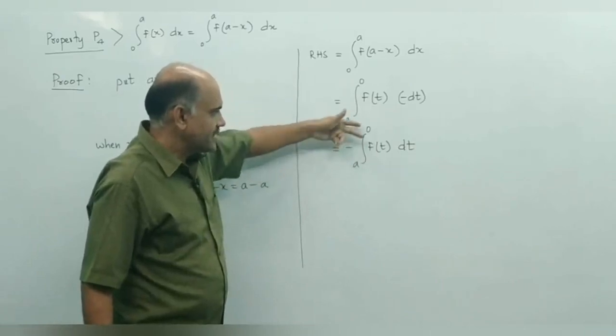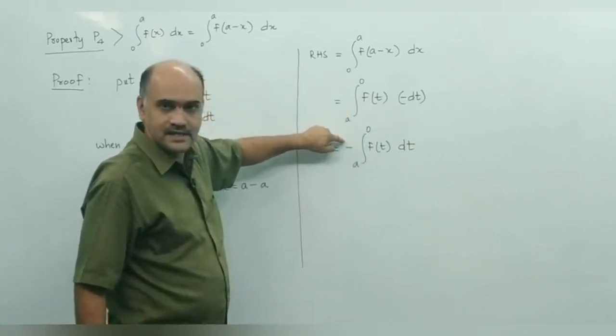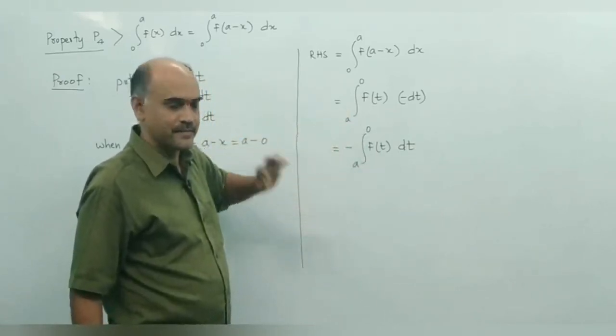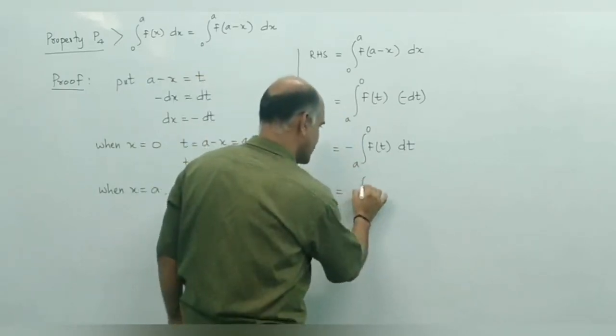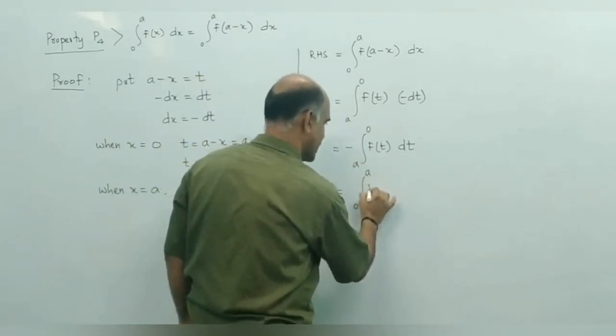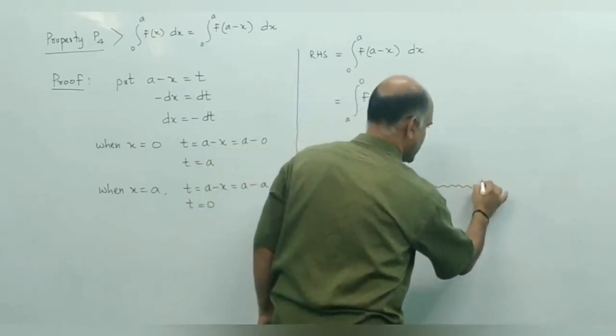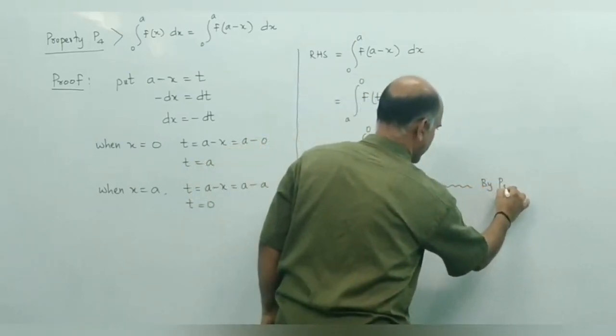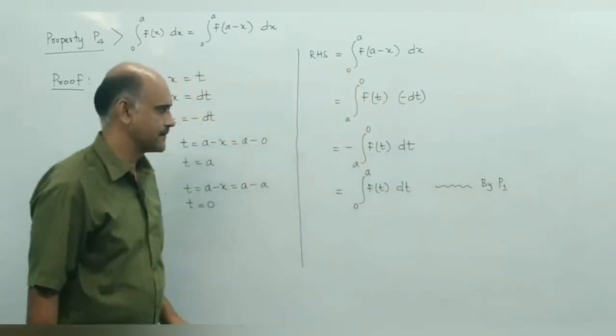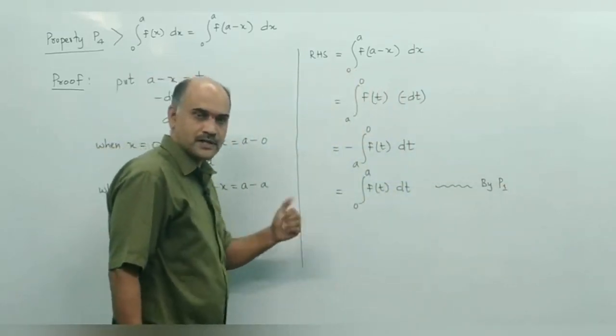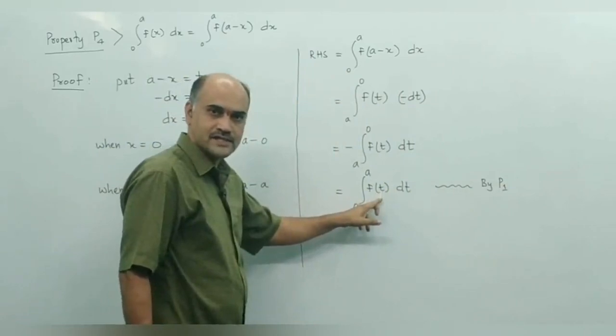Now if you interchange these limits, the sign changes by property P1. So you will have 0 to a f of t dt by property P1. By the first property, that is P naught, what does it say?